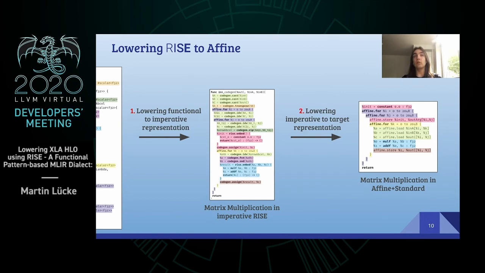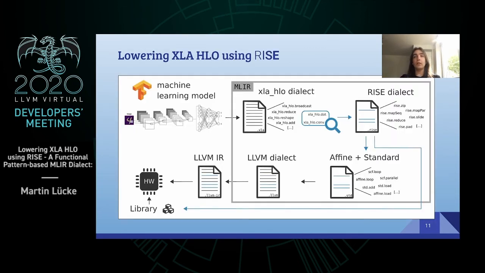These are highlighted in green on the right-hand side. And now we can use the existing lowering infrastructure in MLIR to lower to LLVM for execution. So in conclusion, we now have an end-to-end system where the input is a model from TensorFlow, and we compile it by progressively lowering it using the MLIR infrastructure, including the RISE dialect.